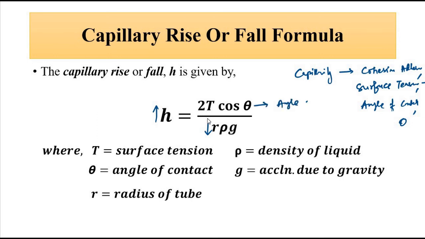So when it is less than 90 degree, that is acute, there will be capillary rise, and when it is greater than 90 degree, that is obtuse, there will be capillary fall below the normal level. So these are some of the basic concepts related to capillarity.